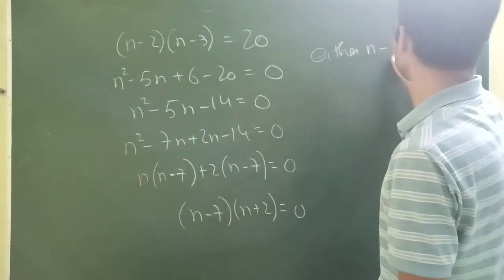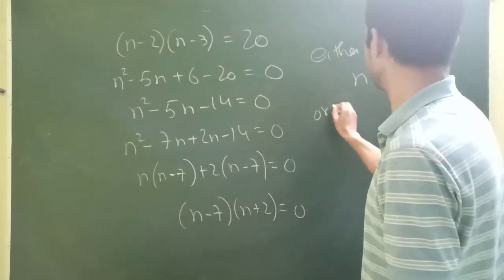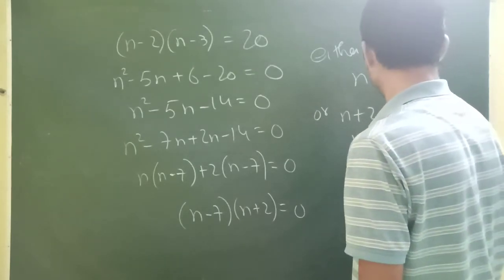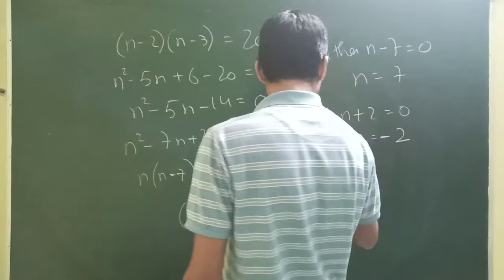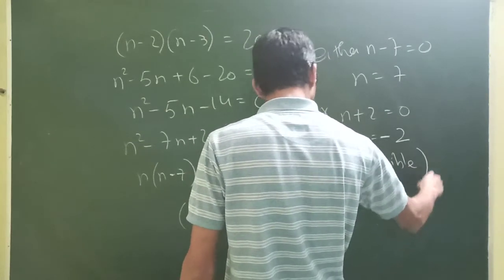Either n minus 7 equal to 0, n equal to 7, or n plus 2 equal to 0, n equal to minus 2. But we know that n equal to minus 2 is not possible.